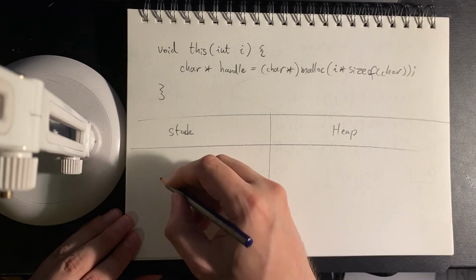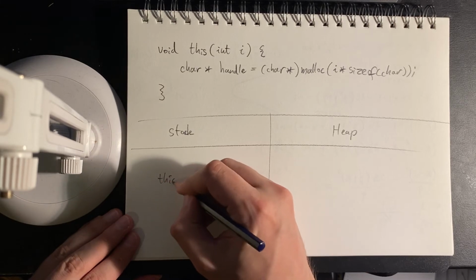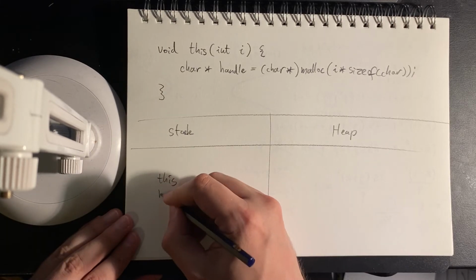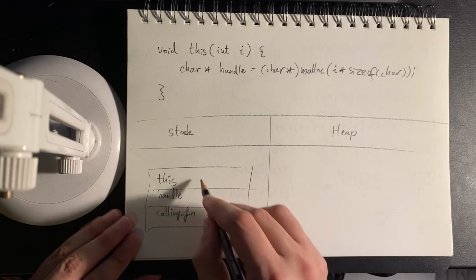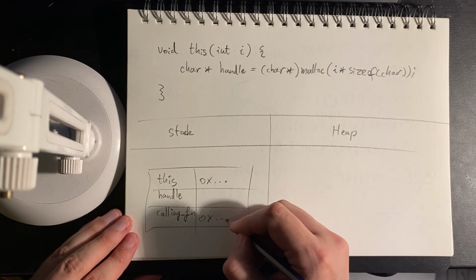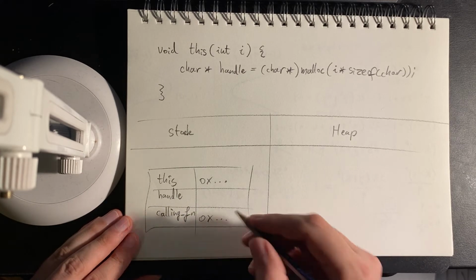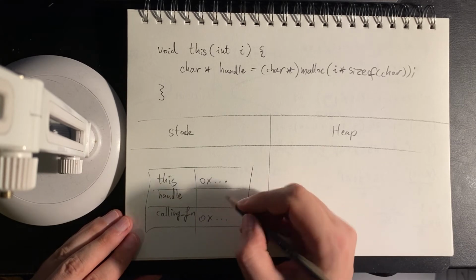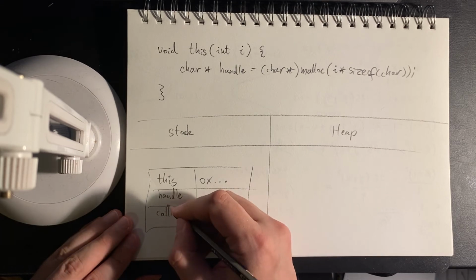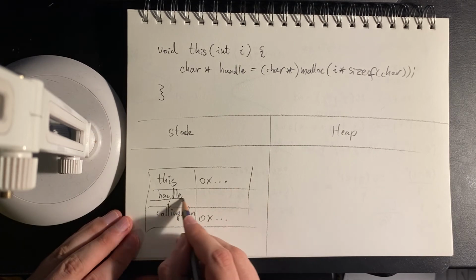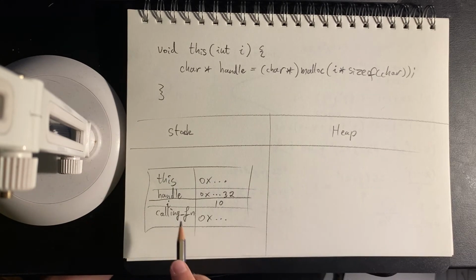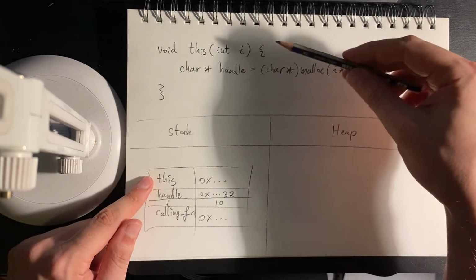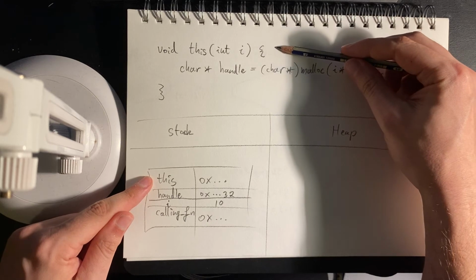Okay, so for the stack, let me just draw this up. Some memory locations. And let me go, oh, something I missed. Whoops. Put another variable in there. Okay, so currently we are in this function.